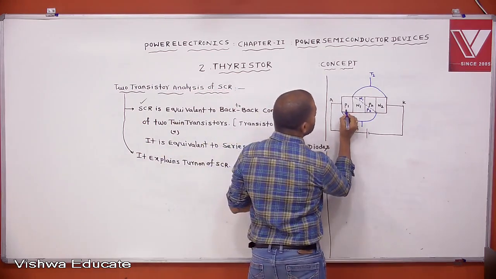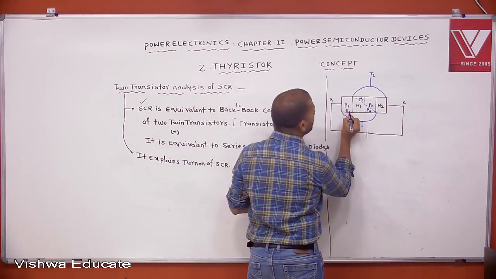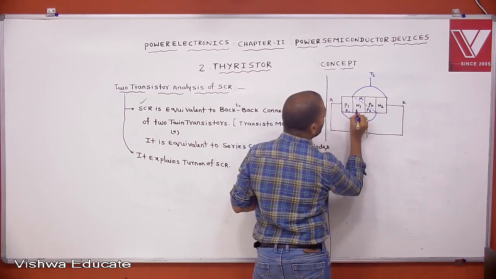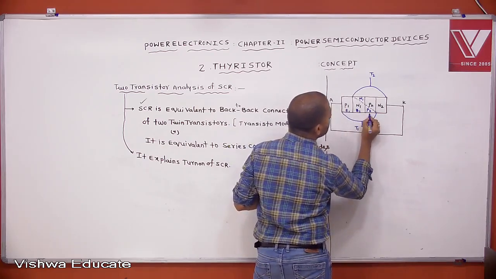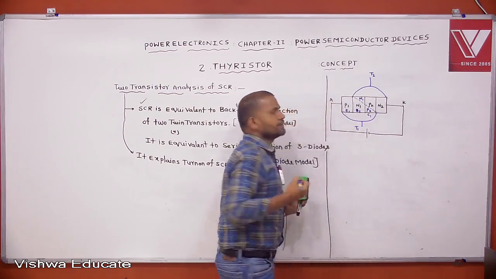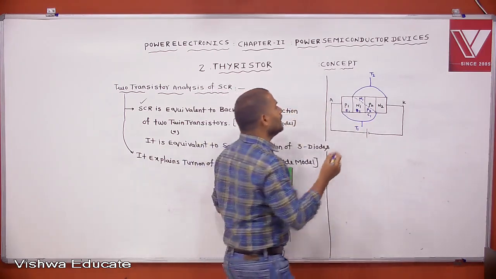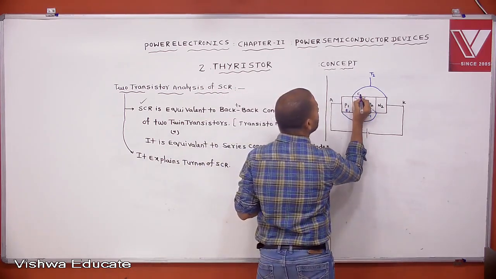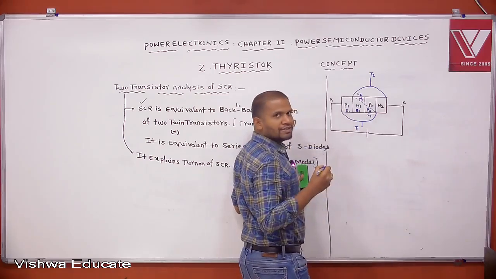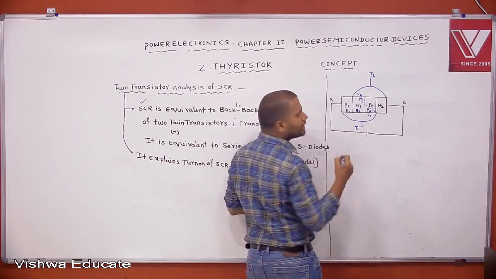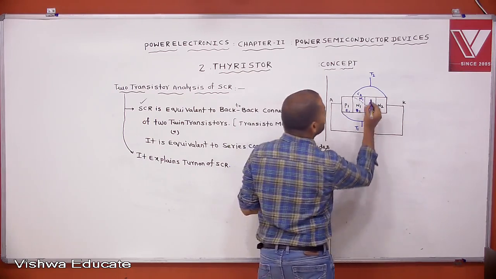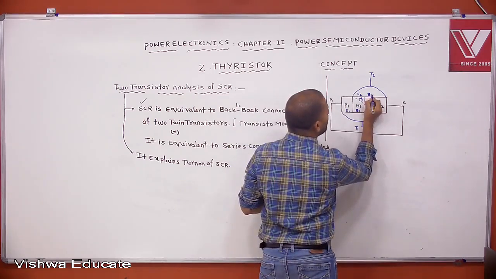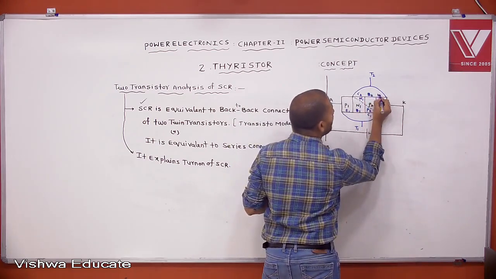Now this is the emitter of T1 transistor, base of T1 transistor, collector of T1 transistor. Then, because it is an NPN transistor, exactly opposite: collector of T2 transistor, base of T2 transistor, emitter of T2 transistor.